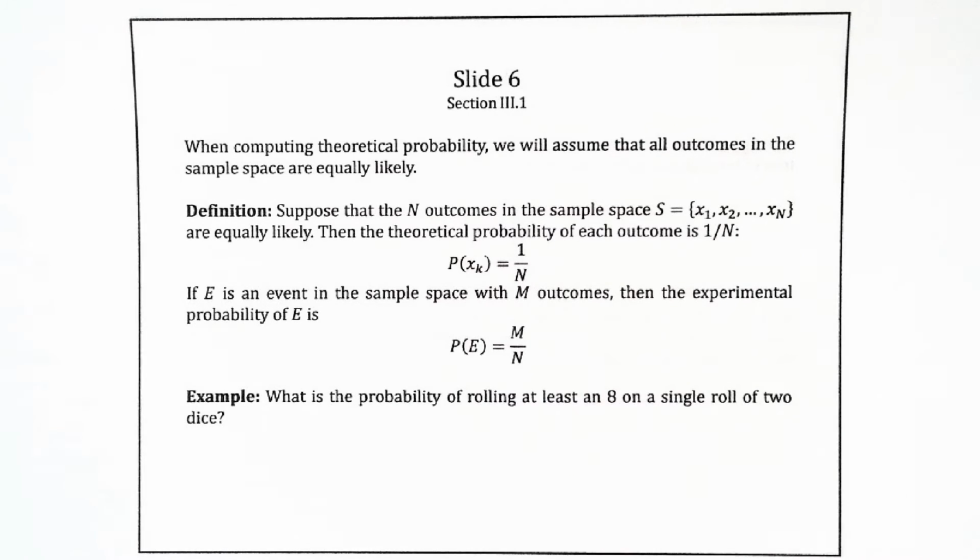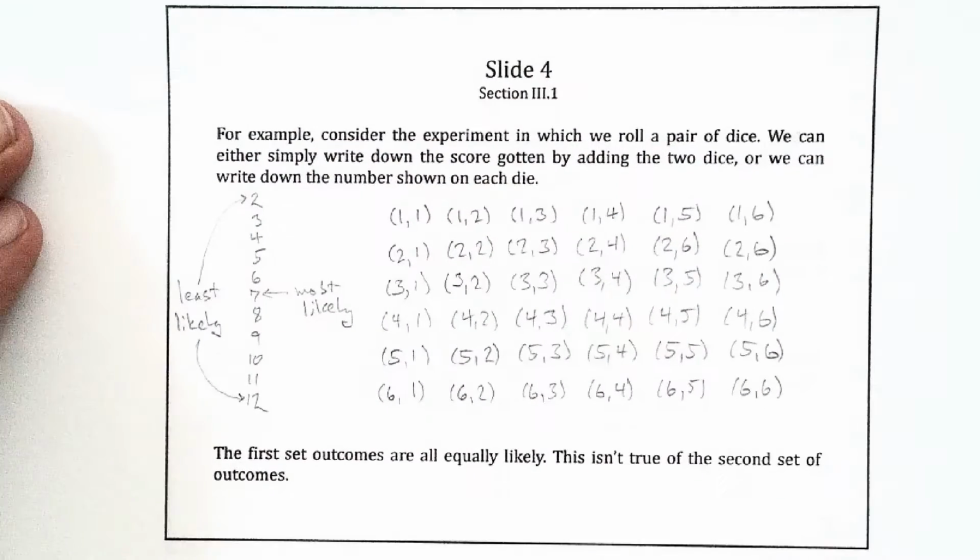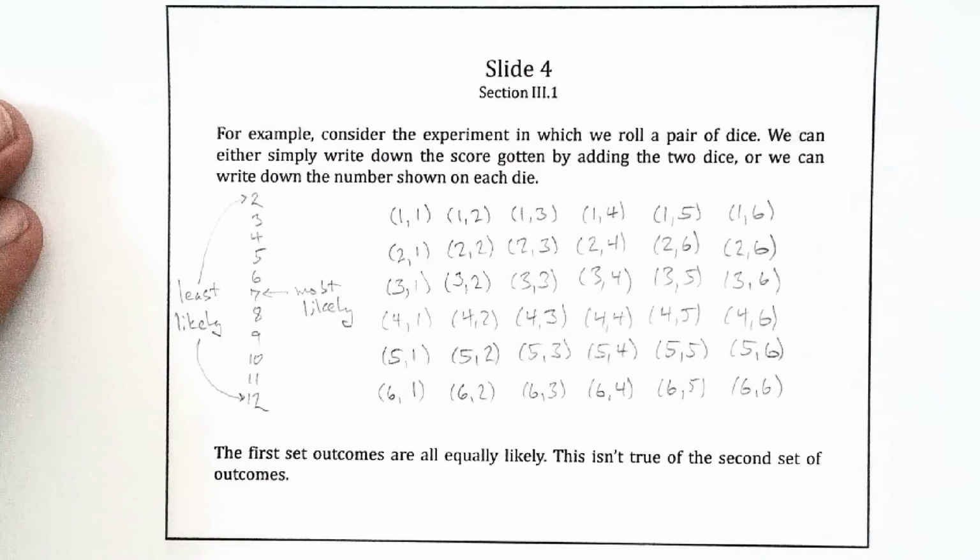So for example, what's the probability of rolling at least an 8 on a single roll of 2 dice? When I ask what's the probability, without talking about an experiment, I just mean theoretical probability. And for that, we want to look at the chart we drew. Okay, we're thinking about rolling at least an 8. That means 8, 9, 10, 11, or 12.